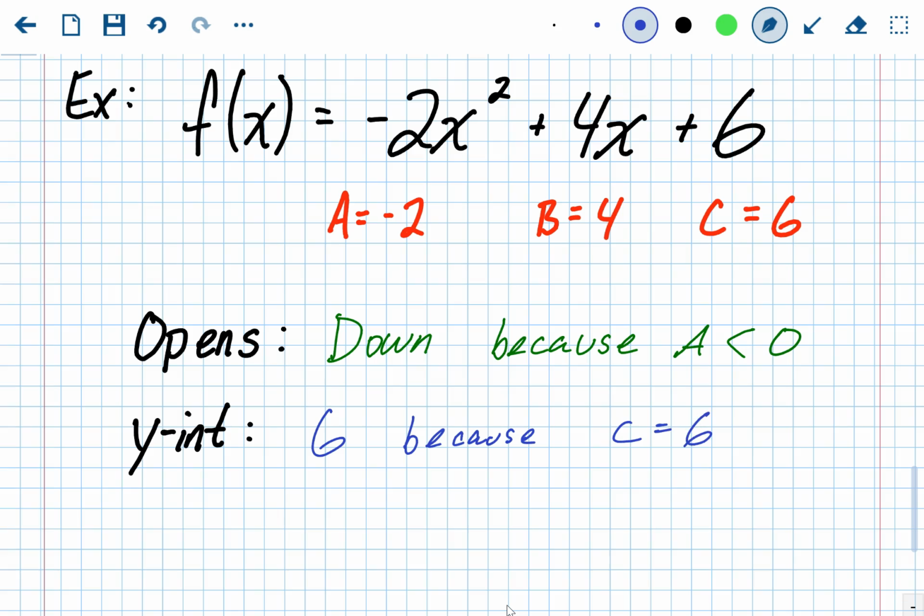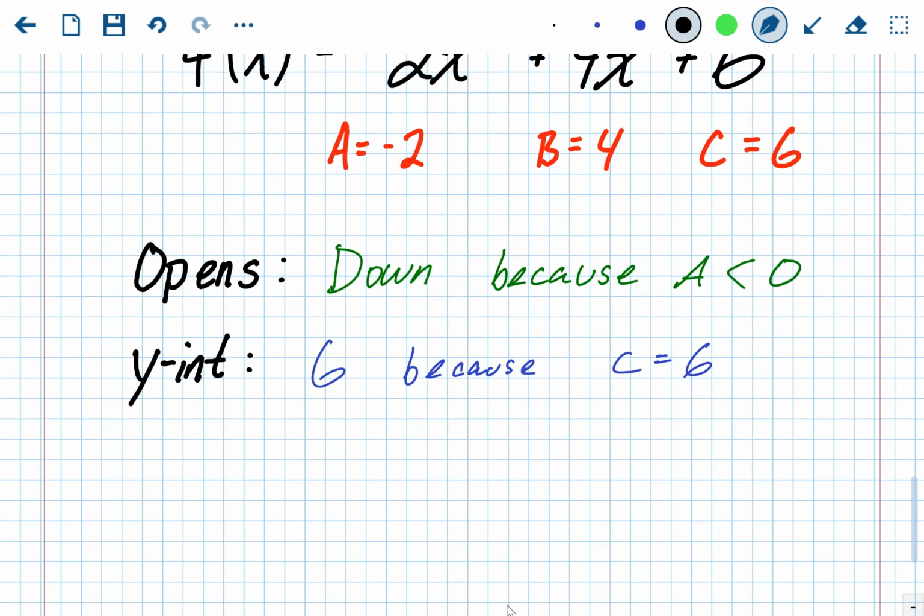Okay. Now there's more stuff we could find out. We do have to do a little bit more work. For example, the axis of symmetry, AOS. Axis of symmetry has a formula that you do have to memorize. It's the opposite of b over 2a. So it's a line x equals the opposite of b.